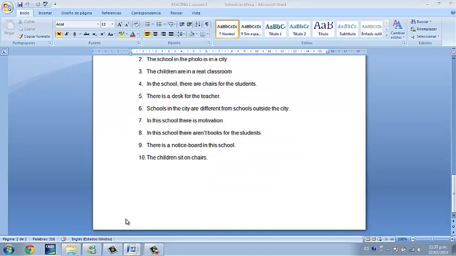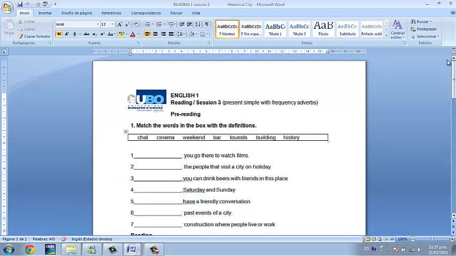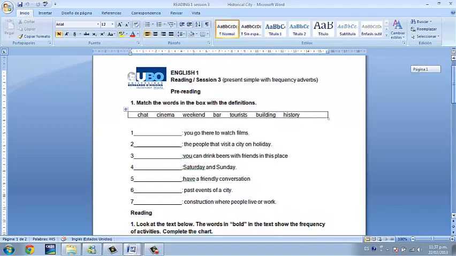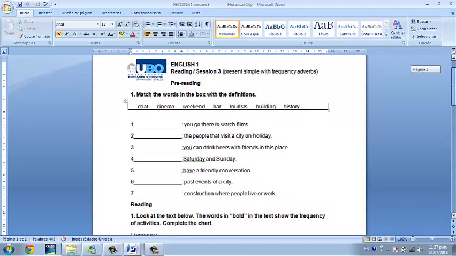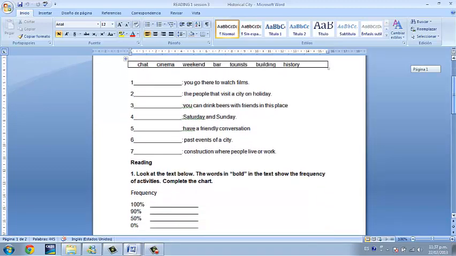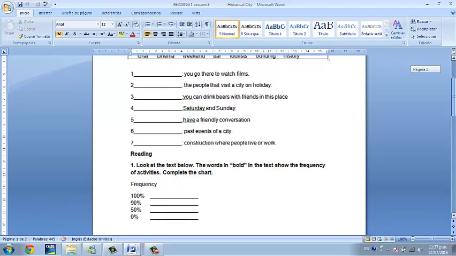Then the reading session 3 would be: match the words in the box with the definitions, which is pretty much vocabulary. And then the reading, they need to look at the box, the words involved in the text, showing the frequency of the activities, how often they go to the cinema.